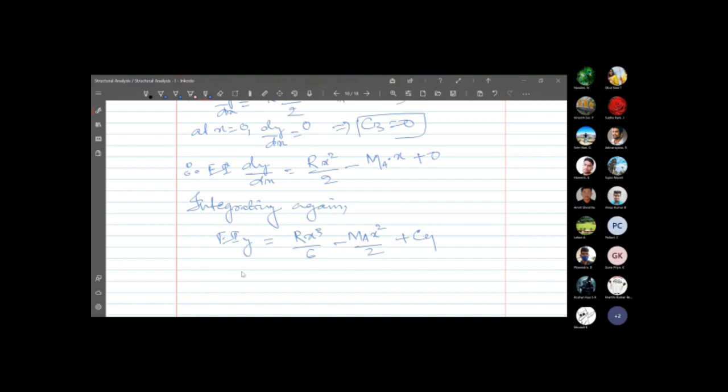At x equals to 0, y equals to 0. Therefore 0 equals to C4. So C4 becomes 0, so therefore EI y equals to Rx cube by 6 minus MA into x square by 2 plus 0.